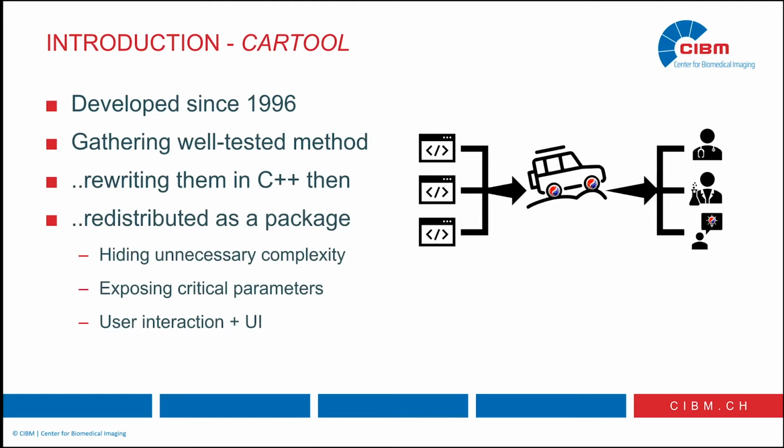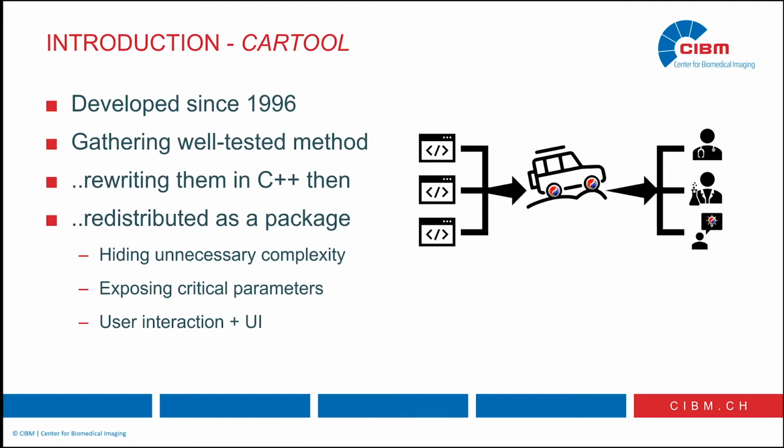Historically speaking, the reason for Cartool is also that, for example, many people from the hospital, so physicians, have to use it. And so you need something with a user interface, which hides the unnecessary complexity. So you don't want to expose all the parameters of equations. That's really useless and confusing. So you want to hide what is not really needed for the user.